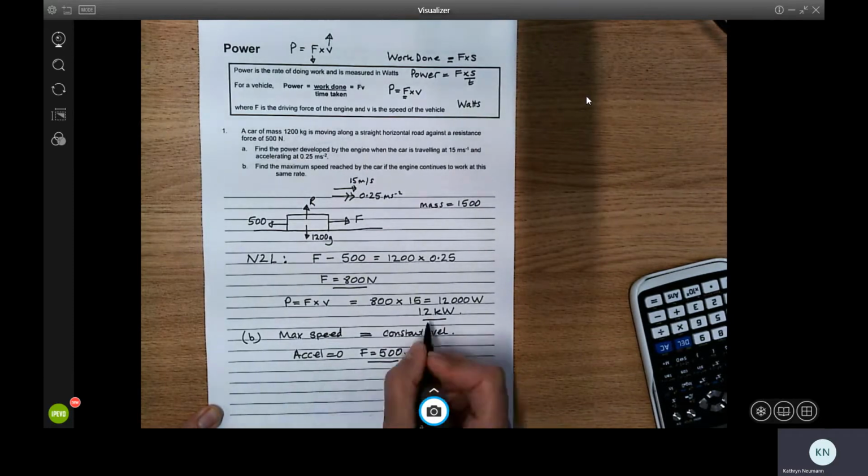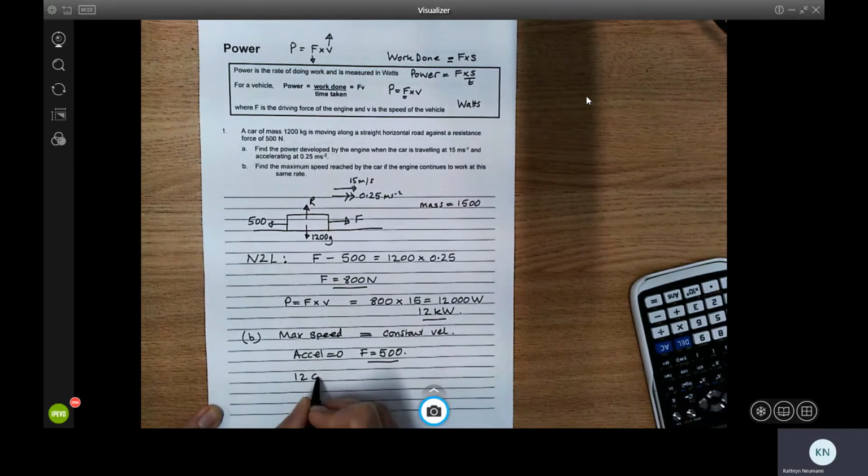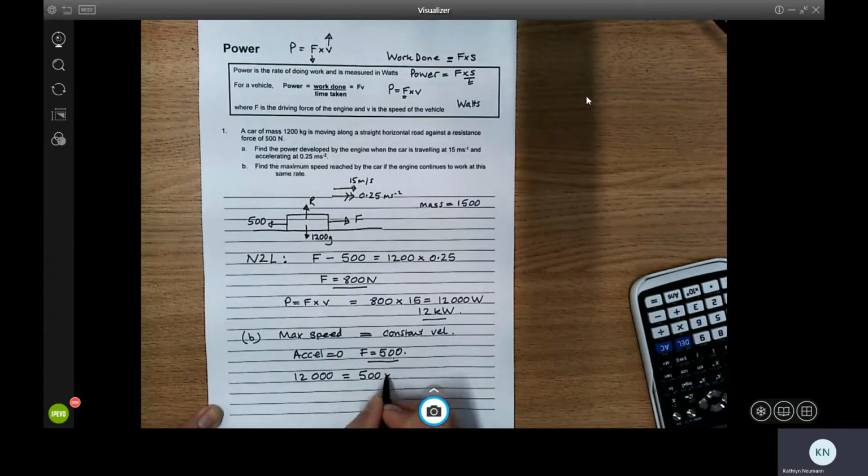The power is fixed. So the power is 12,000 watts. That's this new force of 500 multiplied by the velocity. So when we divide that, we get that the velocity is 24 meters per second. And that is the maximum speed that the car can reach.